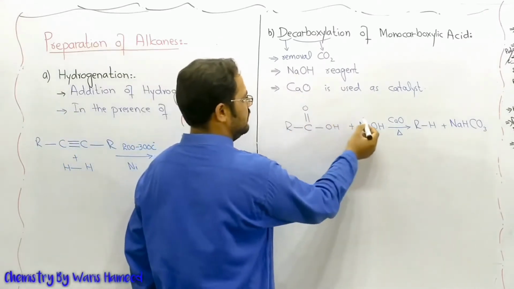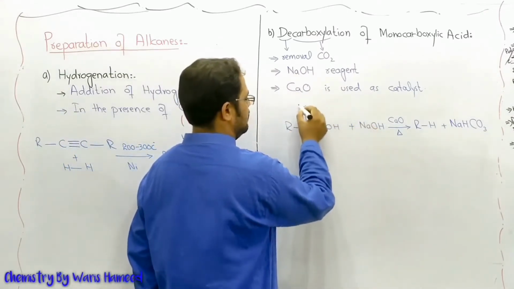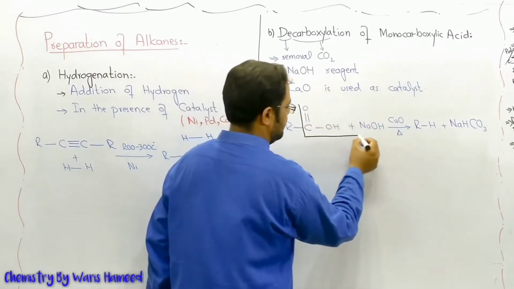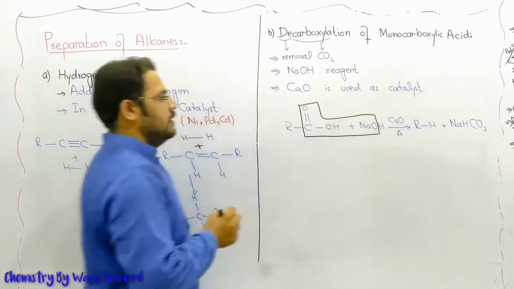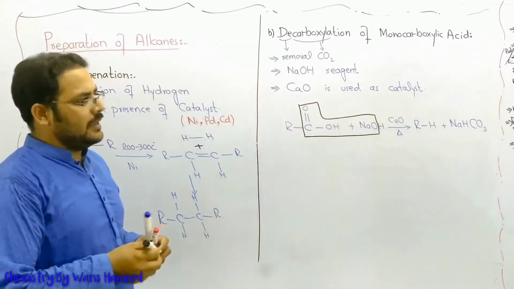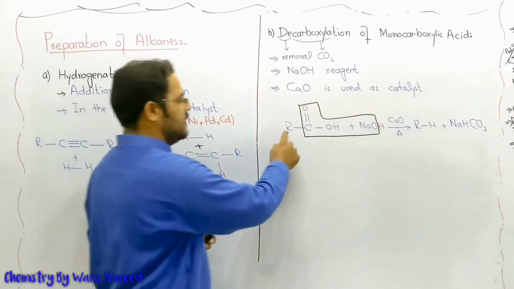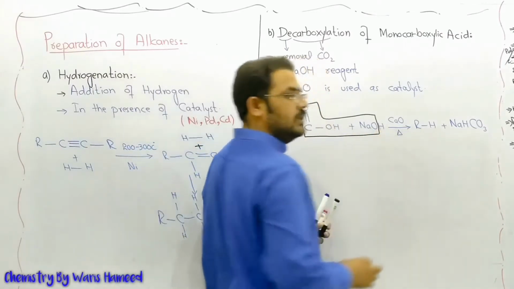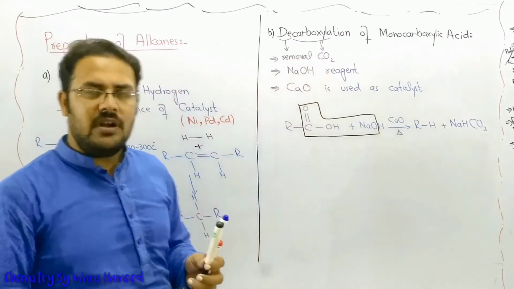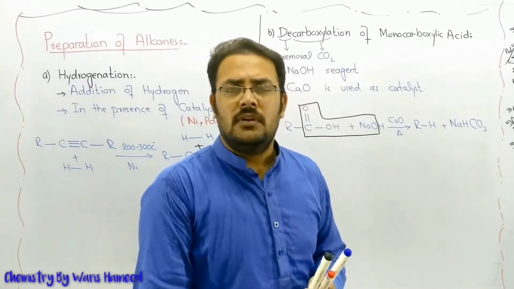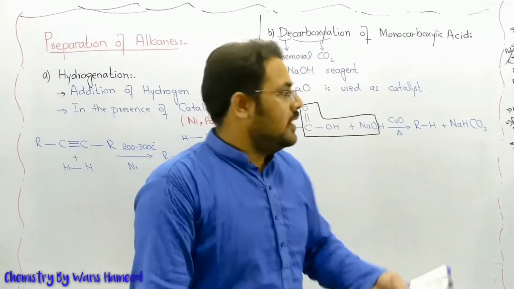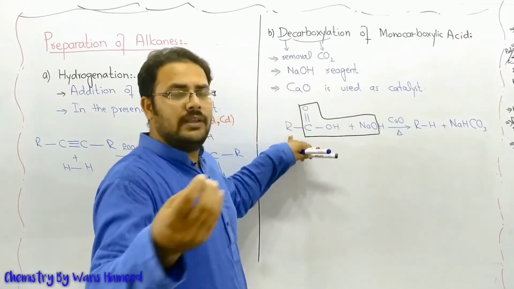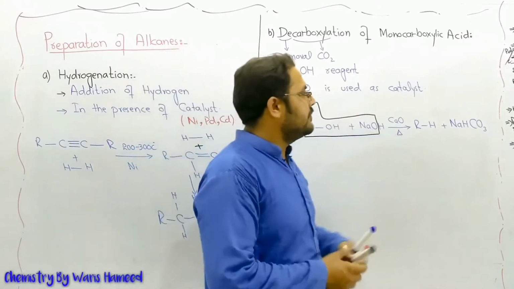It will form NaHCO3, and it will form RH. RH is any alkane. When we remove one hydrogen from an alkane, it forms an alkyl group, and when we add a hydrogen to any alkyl group, it forms alkane.